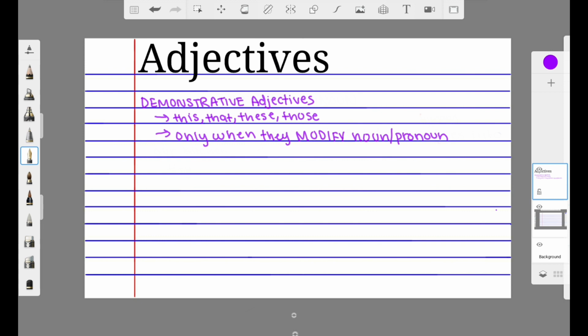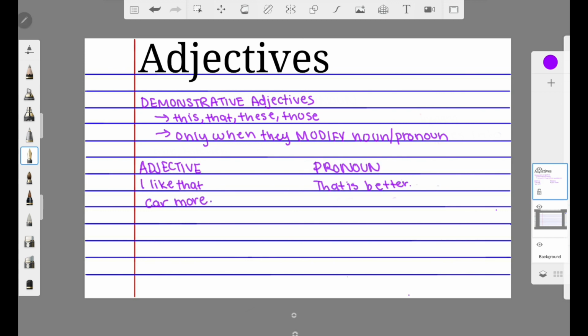If you recall in the last video, these were called demonstrative pronouns because they fully took the place of a noun or a pronoun. So in this case, we have to be very careful and see whether the function of this, that, these, or those is either modifying the noun or replacing it fully.